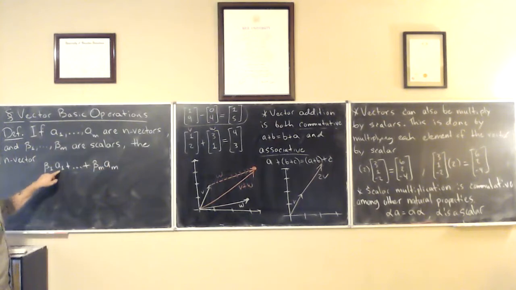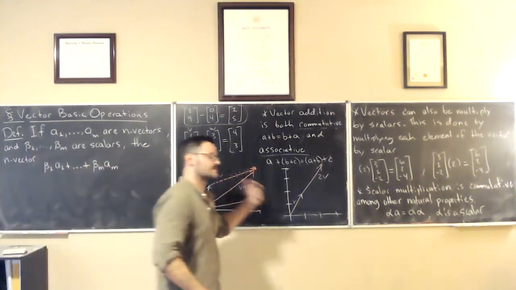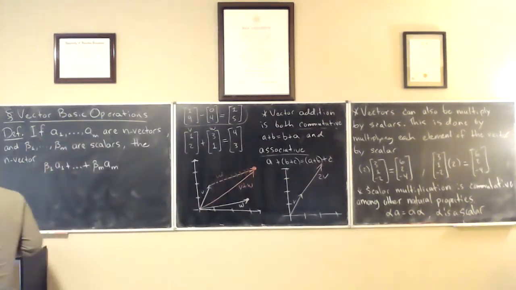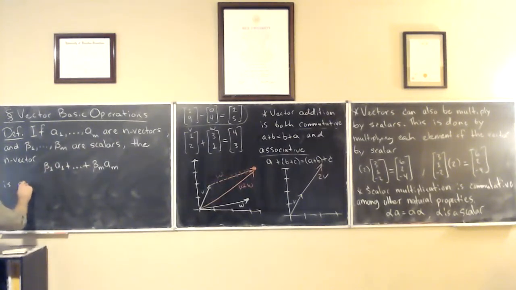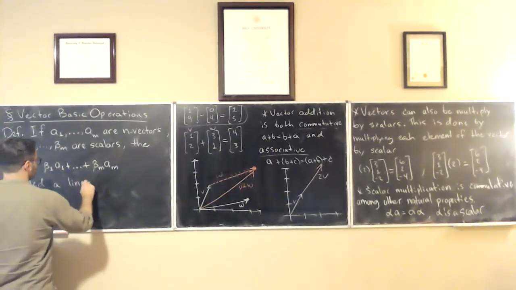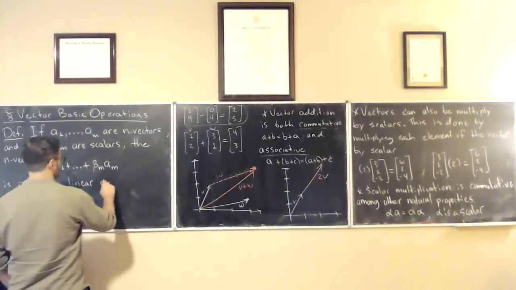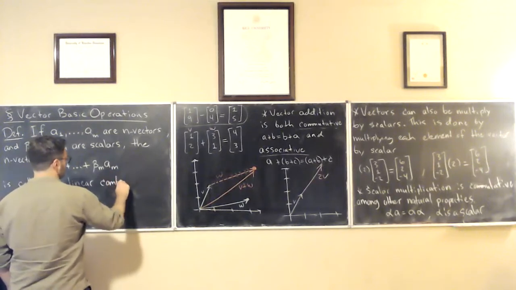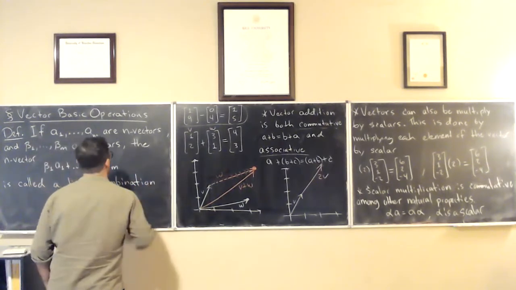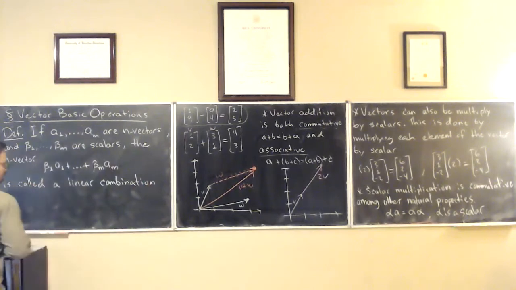It's a scalar times a vector plus a scalar times a vector plus a scalar times a vector, all M of them. So this n vector is called a linear combination of the vectors A1 through AM.